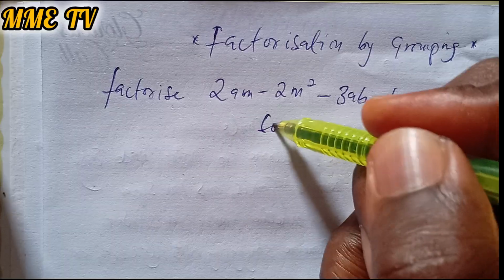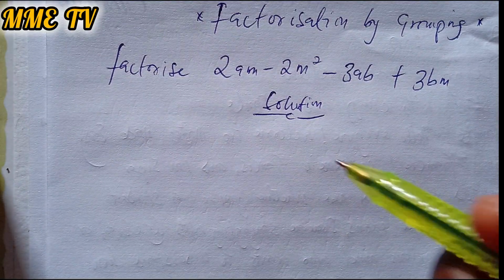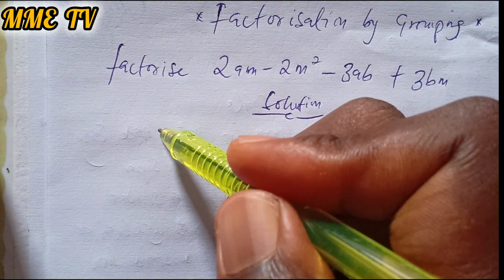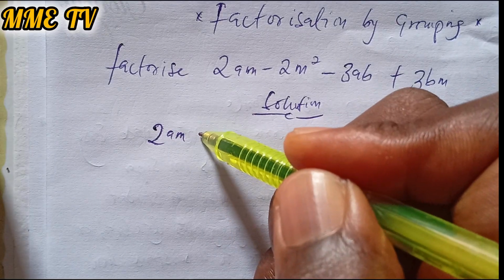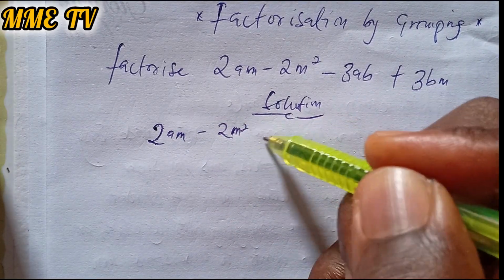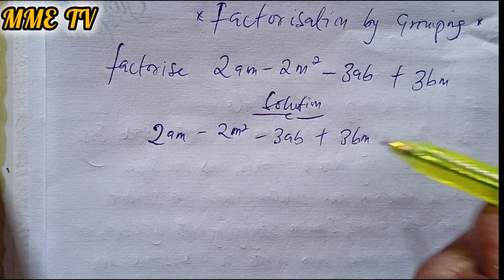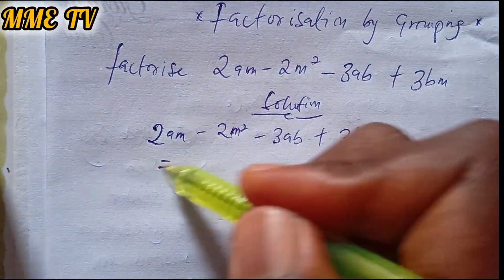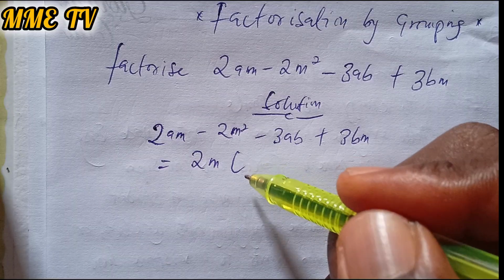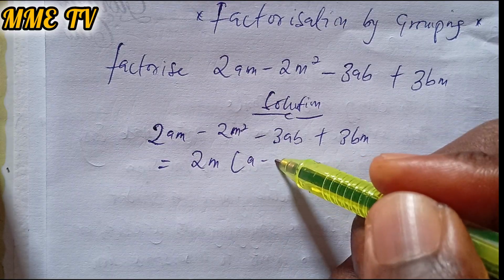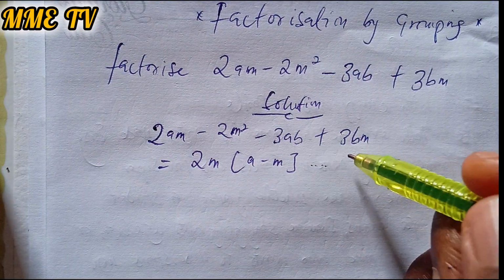I usually start with the solution to the maths given. Then I will go on to say that 2am, writing down the equation again, minus 2m squared minus 3ab plus 3bm is equal to 2m bracket a minus m, and then again.